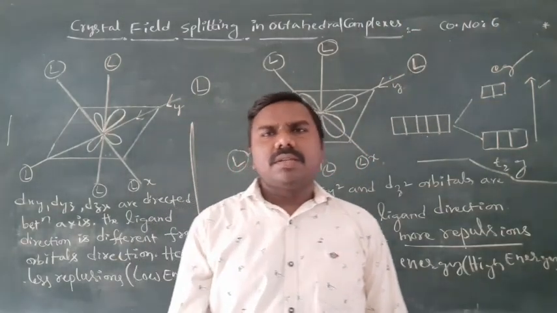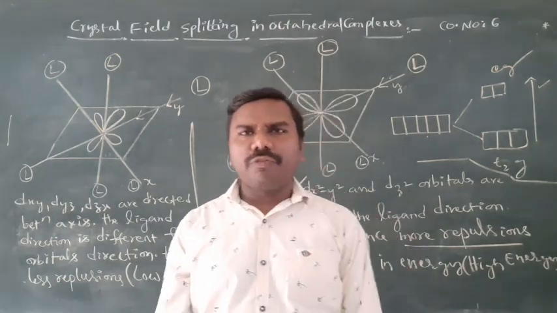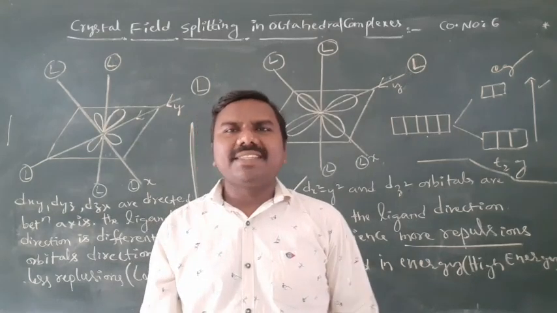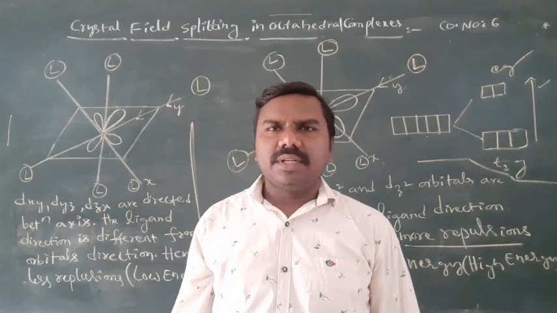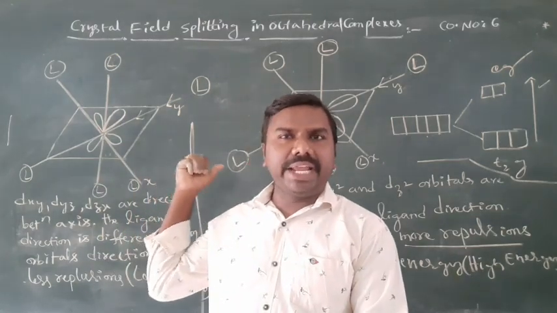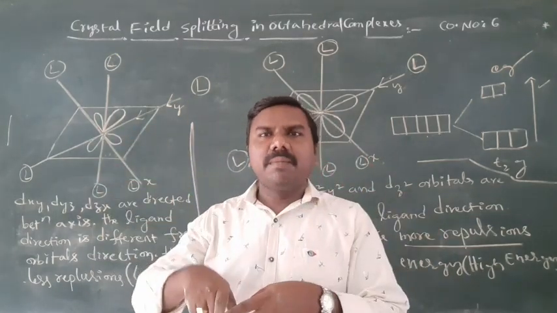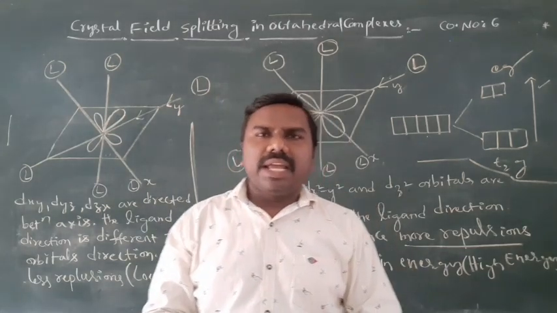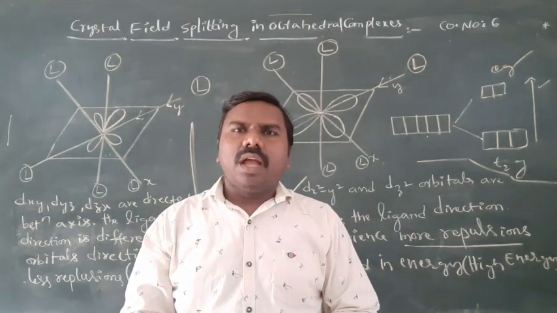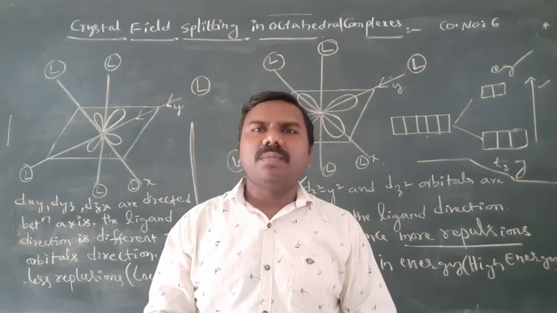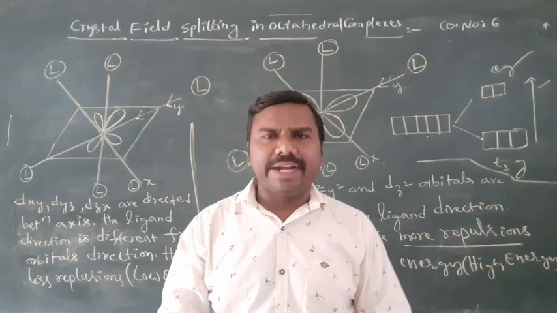Next one. In VBT I have written strong field and weak field ligands. Based on field strengths, it was decided as a strong field as well as a weak field. Just now I told you about a negative field around the central atom by ligands. Some ligands have more field strength; those are named strong field ligands.